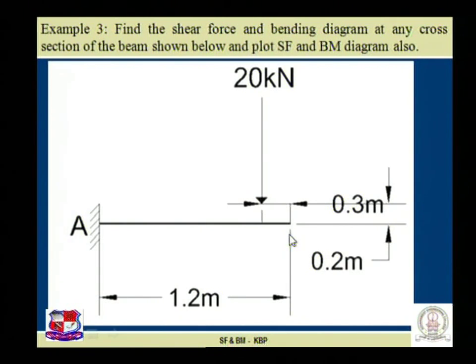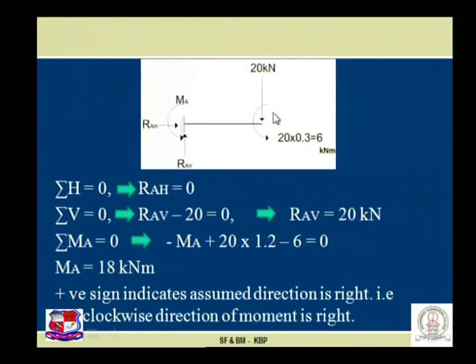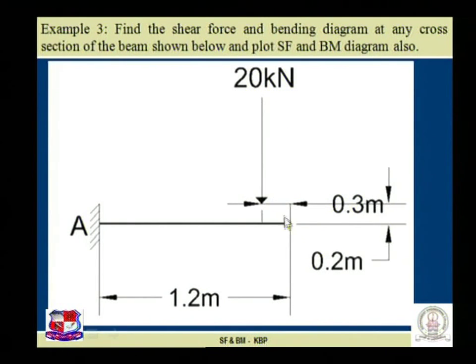So my simplified figure is over here. This 20 kN load is shifted over here, which generates an anti-clockwise moment of 20 multiplied by this distance of 0.3, that is 6 kN·m, the anti-clockwise moment.